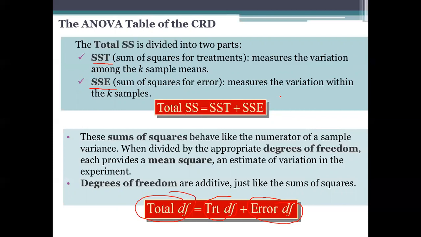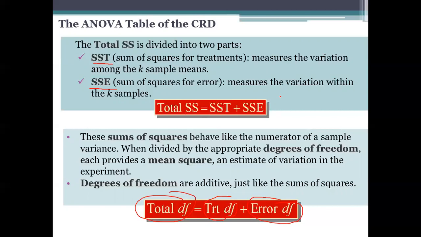If in a t test or Z test, we refer to the t table or Z table. But now in ANOVA, we are going to refer to the F table and the other one is the Tukey table.